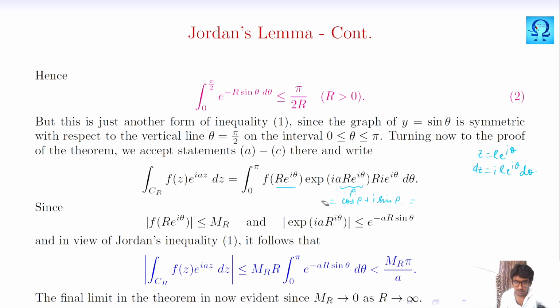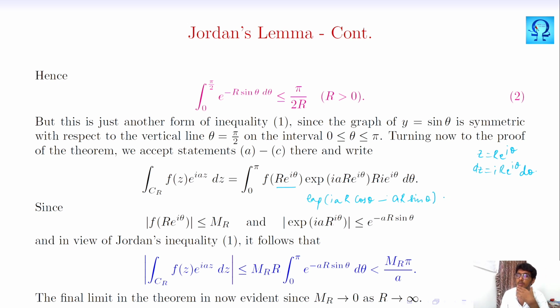If I simply proceed by writing the exponential of this one, which means a r e to the iota times theta, first of all let me open this alone. Exponential of i a r cosine theta minus, when I take this minus inside, I would get minus a r sine theta.